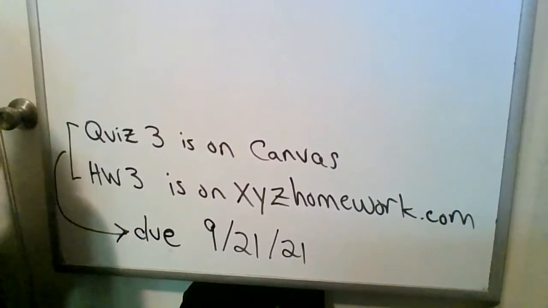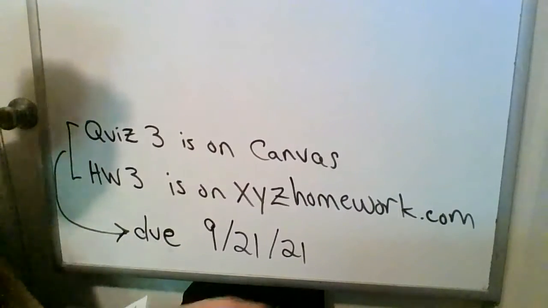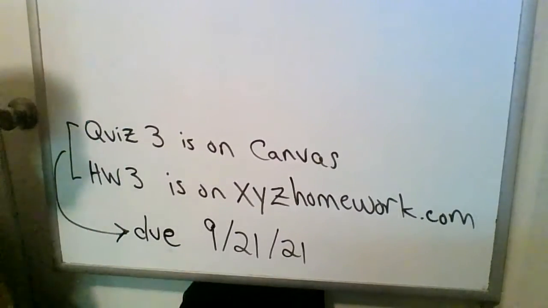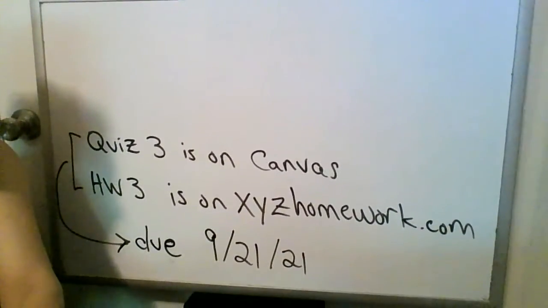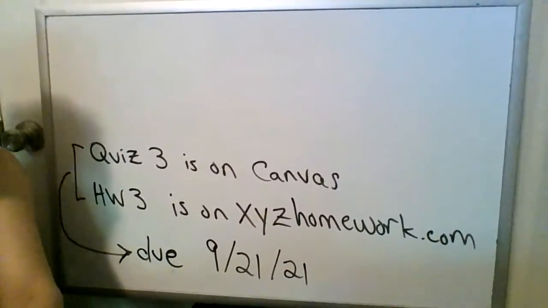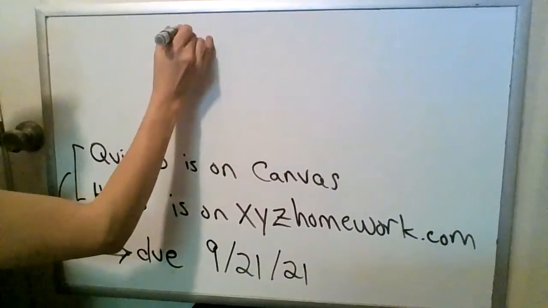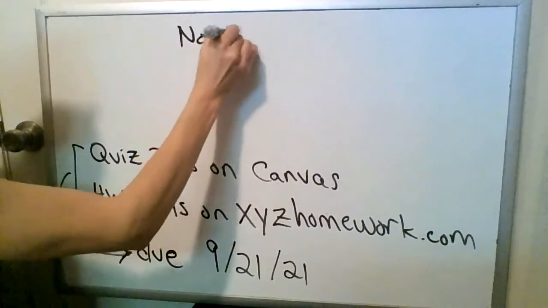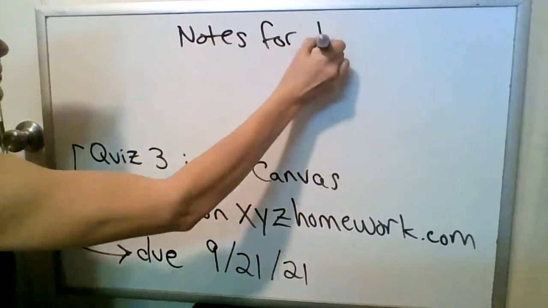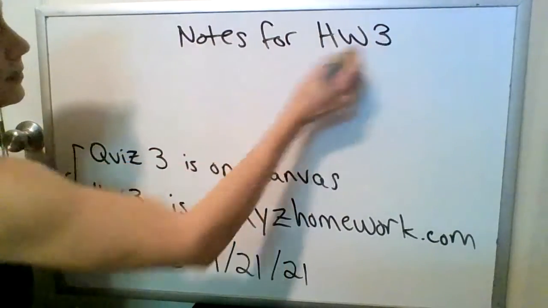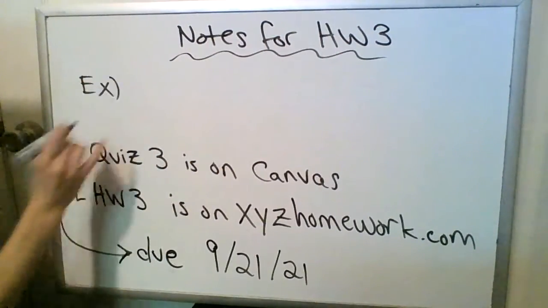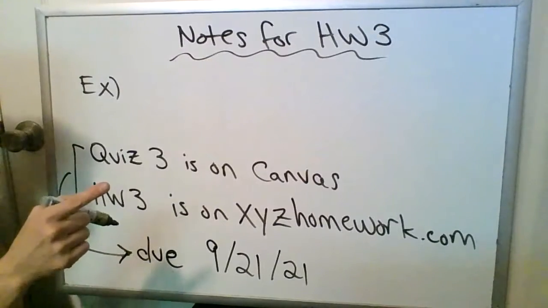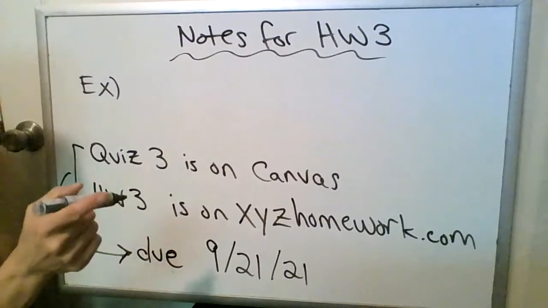Okay, the notes for this homework are all about graphing and the equation of a line. We're graphing lines. Last time we talked about parallel, we're getting to that later.